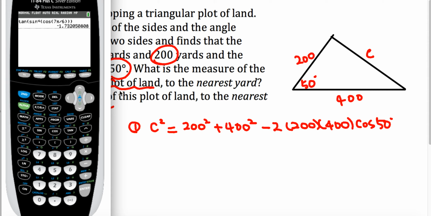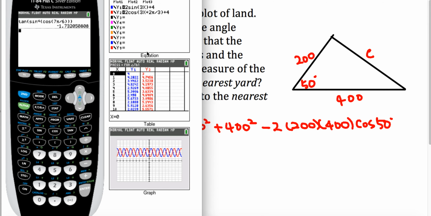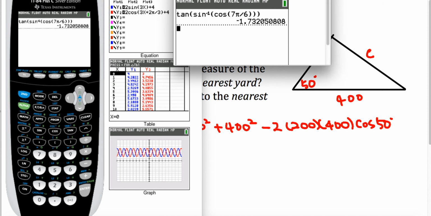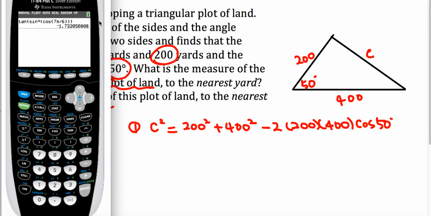Now I'm going to put that into the calculator. So first, 200 squared, and then plus 400 squared, minus 2 times 200 times 400 times cosine of 50.